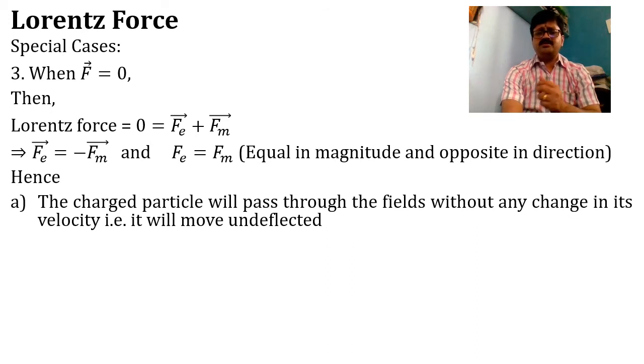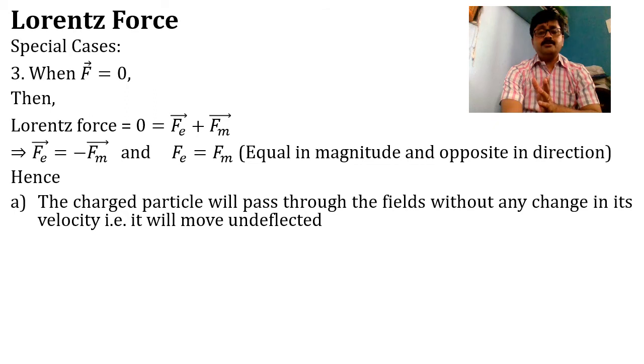So very clearly the charged particle will never gain or lose any acceleration because of this. So hence net change in velocity will be 0. Thus the particle will have what? Constant velocity motion. So hence it will move undeflected. That means constant velocity means constant in magnitude as well as direction. So because of that reason, the particle will move undeflected, my dear friends.